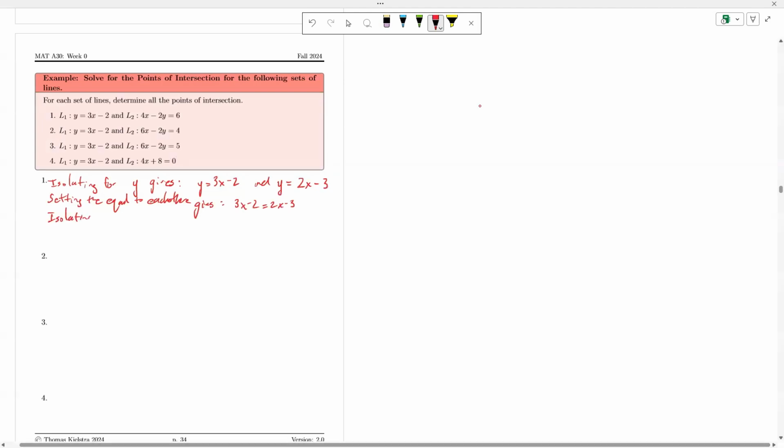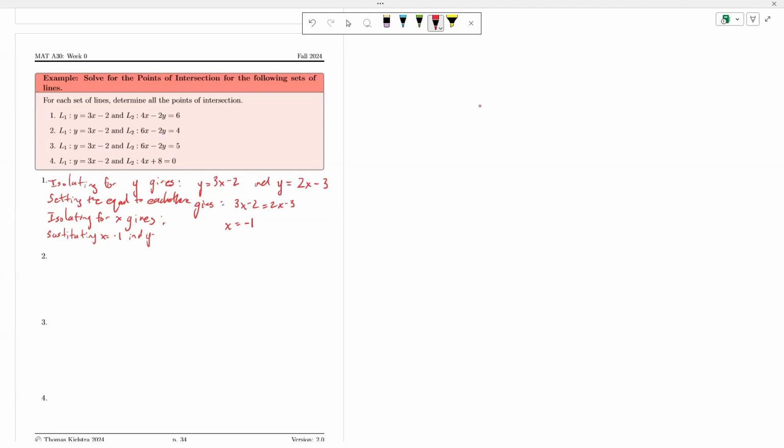Isolating for x gives x equals minus 1. Substituting x equals minus 1 into y equals 3x minus 2 gives y equals 3 times minus 1 minus 2, which equals minus 5.